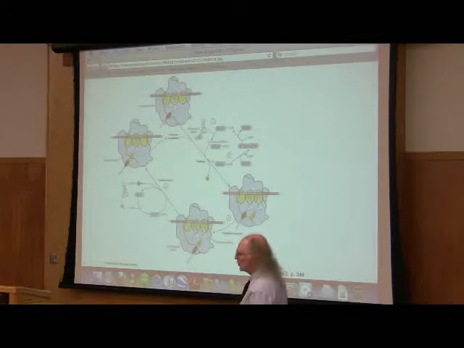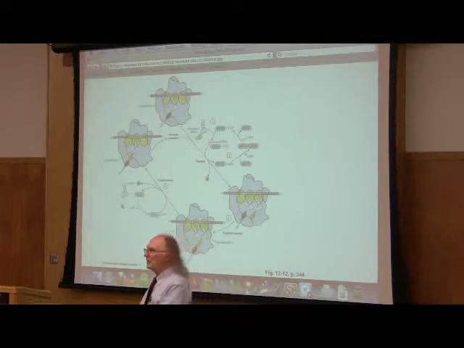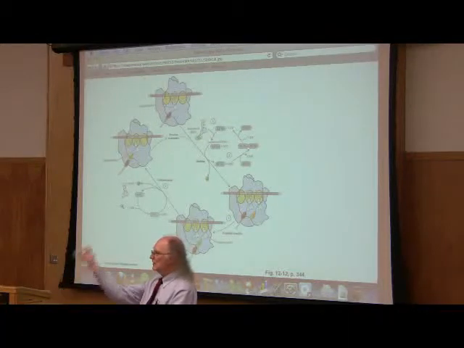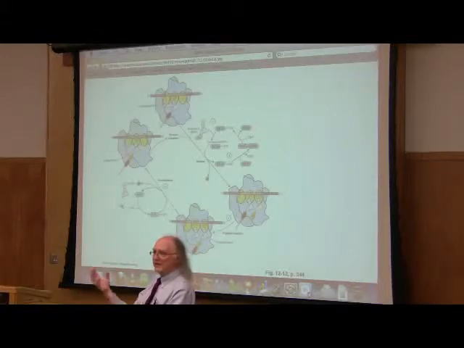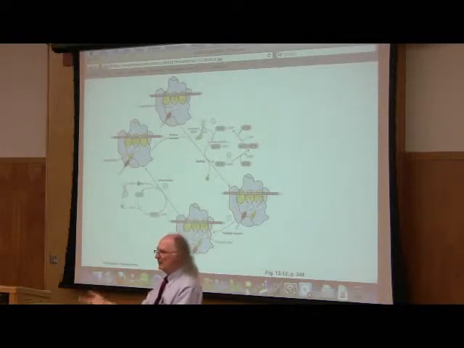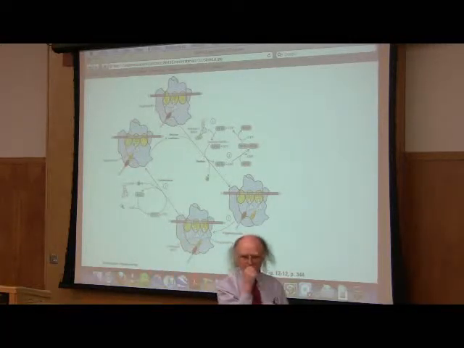It makes sure that the base pairs are properly formed. So, for example, if it's brought the wrong one and the base pairs aren't the right ones, EF-Tu will take it away and nothing will happen. On the other hand, if the proper one is there, then EF-Tu will cleave GTP and it will exit. It'll get out of the way.